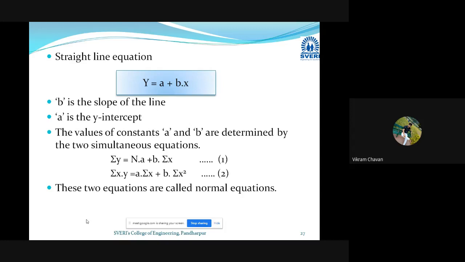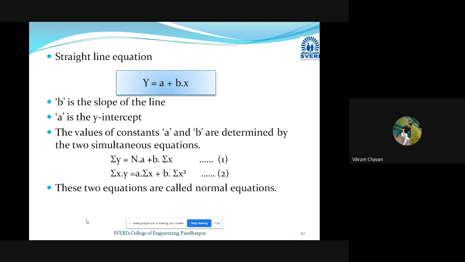In this equation, for the particular data, we need to find out the two constants. a and b are the constants in the straight line equation, and we need to find out these two constants.